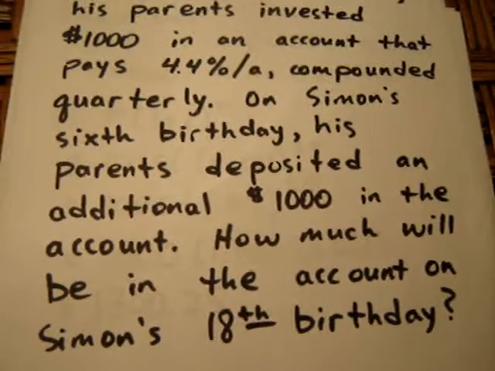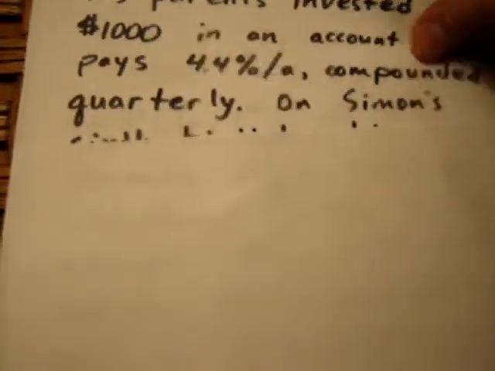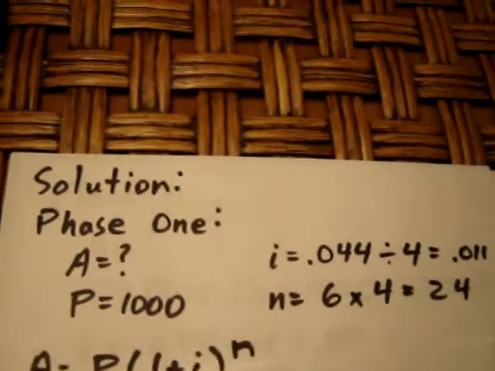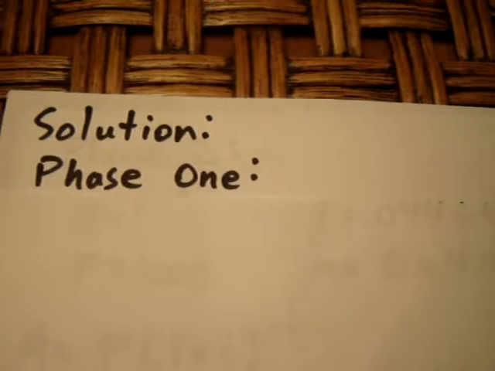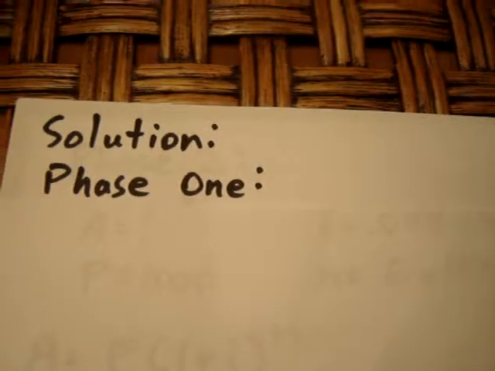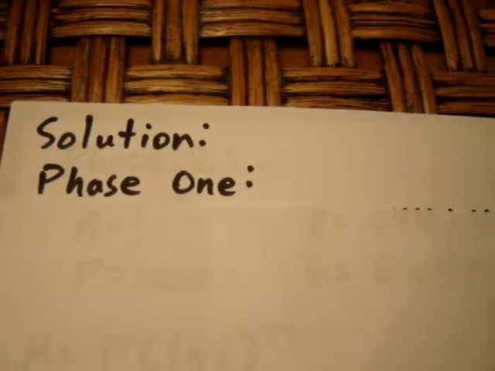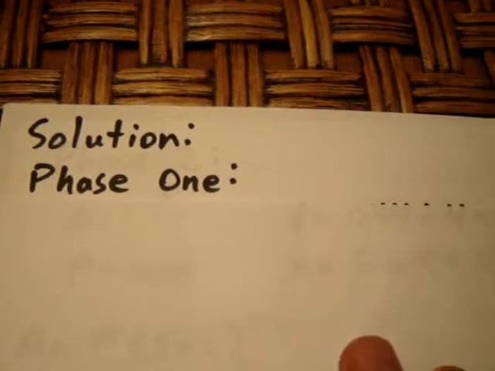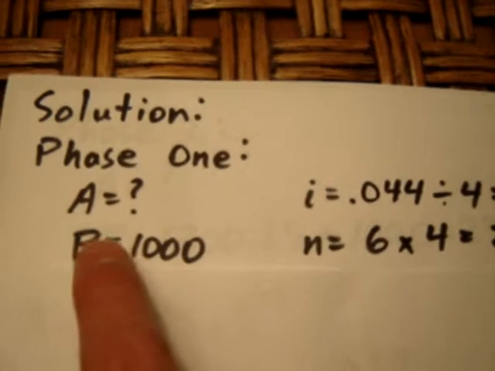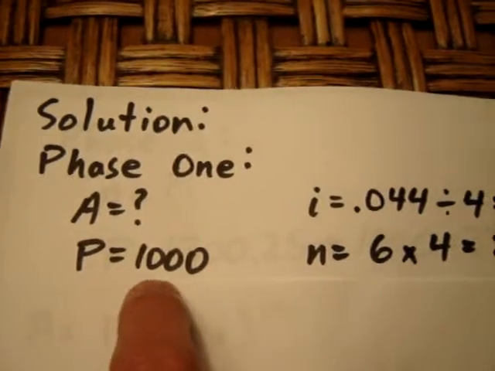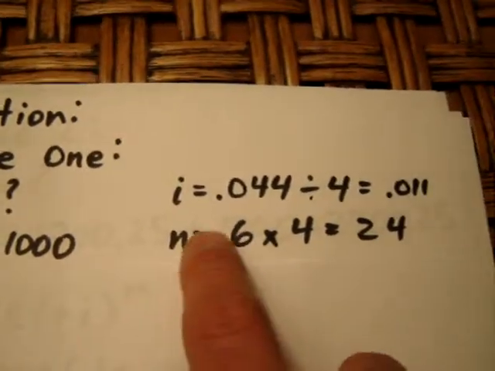Well, the way we do this is as follows. We start with phase 1. Phase 1 lasted 6 years because a deposit was made on the day he was born and nothing changed until his 6th birthday 6 years later. So during that phase, the final amount is unknown, but the principal was $1,000.